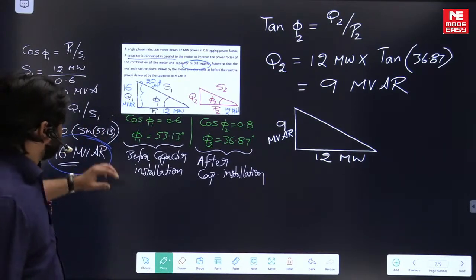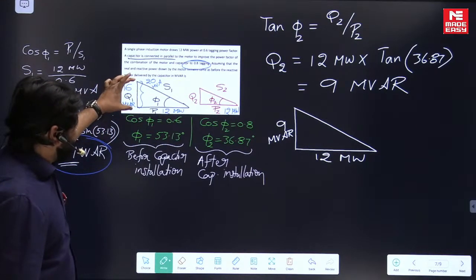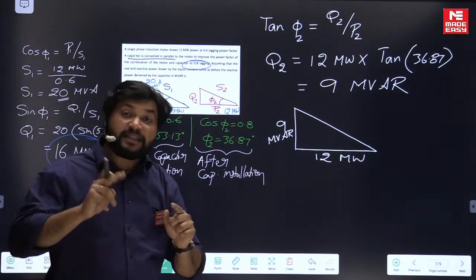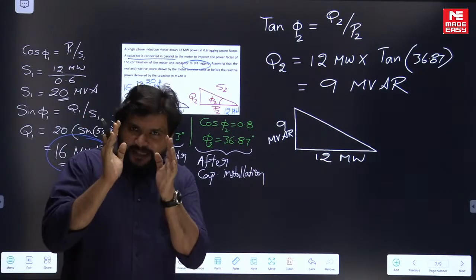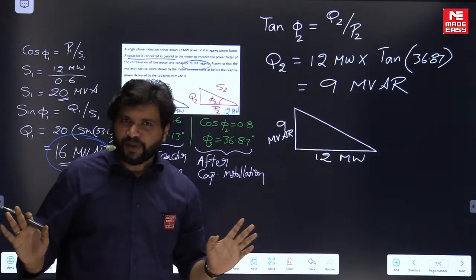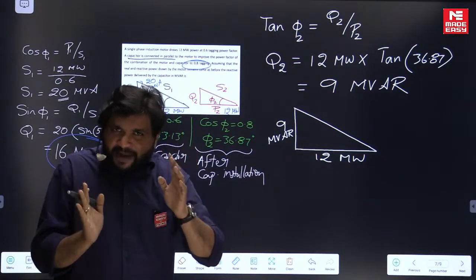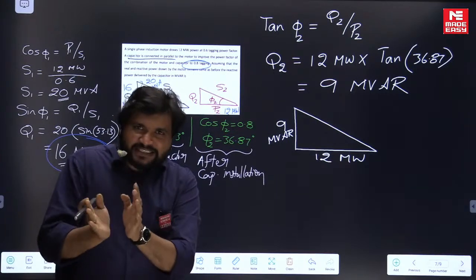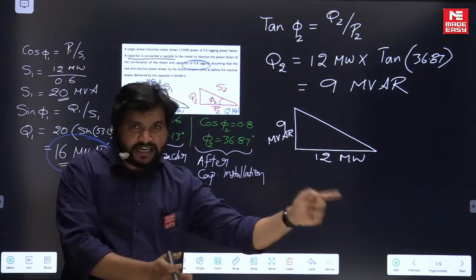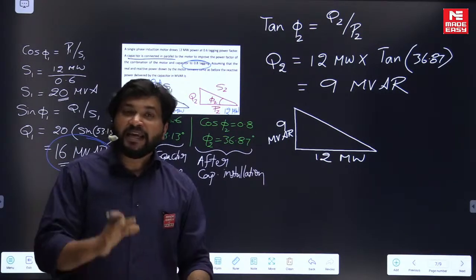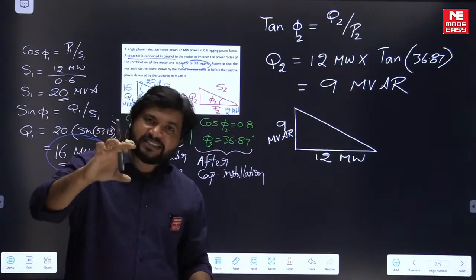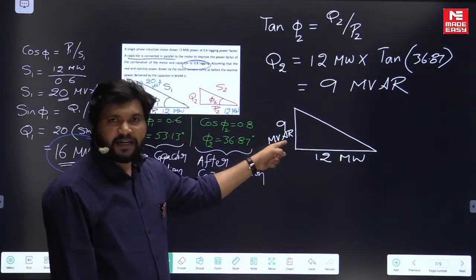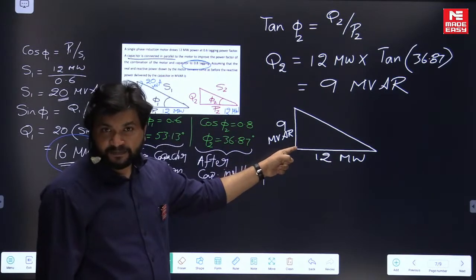Observe carefully. 16 MVAR was the demand by the induction motor first. After placing a capacitor, the capacitor will definitely supply some reactive power to the induction motor. That's why the induction motor is asking only 9 MVAR.